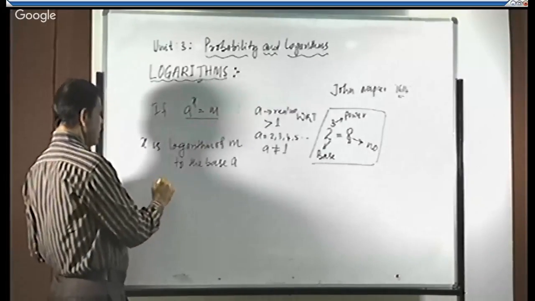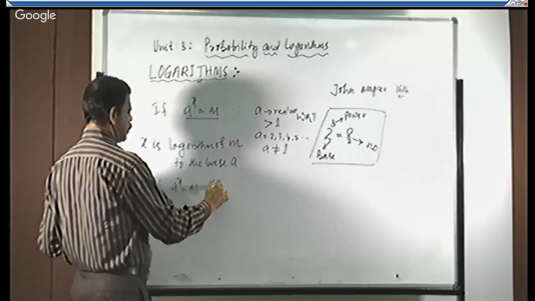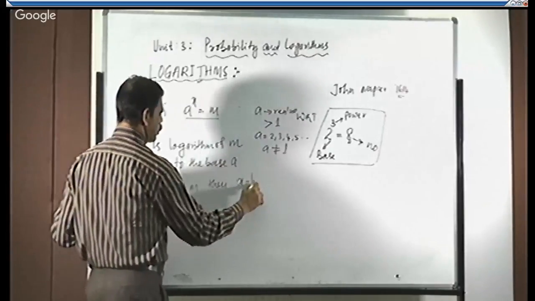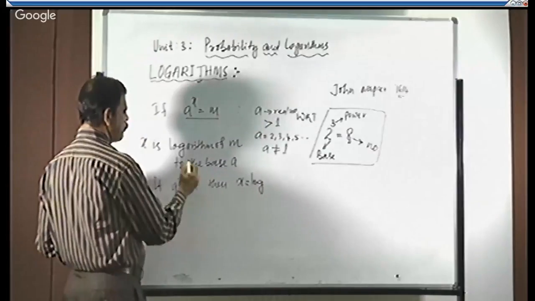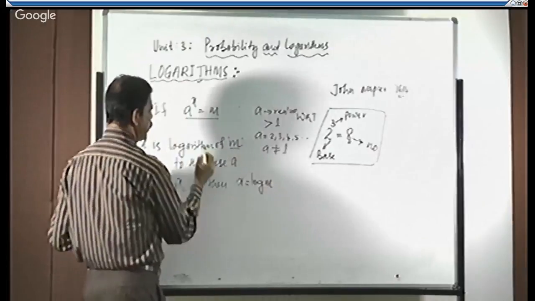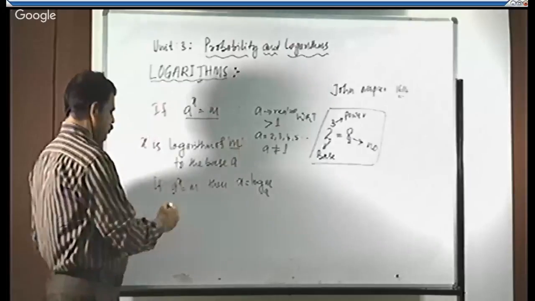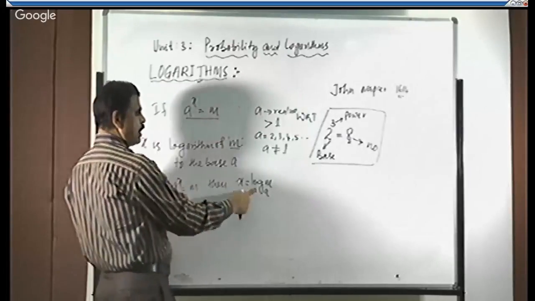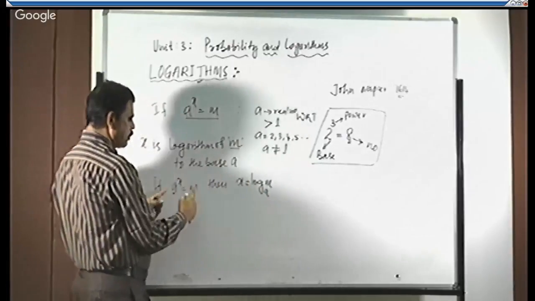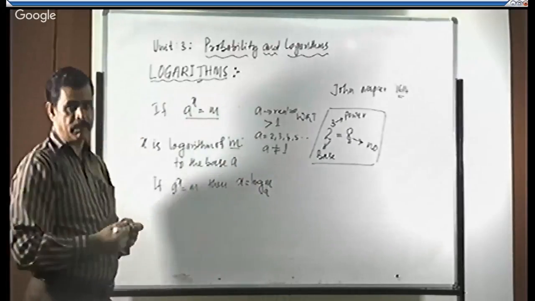Hence, mathematically, it is written as, if a to the power of x is equal to m, then x is equal to log of m to the base a. So if it is in index form, we can write it in log form. Suppose if it is in the log form, we can write it into the index form. The definition of logarithm. Clear?